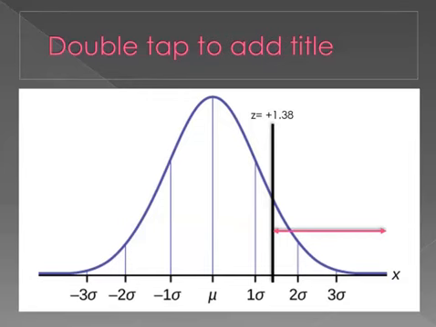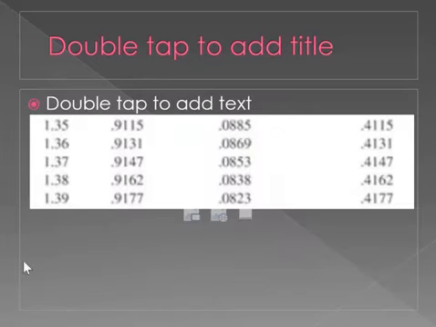Okay. What if we wanted to know the proportion of scores that fall at or above a z-score of plus 1.38? Do you think that we'd look in the body? Do you think that we'd look in the tail? Or do you think that we'd look in the mean to z column? Well, here's some proportions right here. Here's our z-score. So the first thing we want to do is locate our z-score of 1.38. Then we have to determine whether we're looking in B, C, or D: body, tail, or mean to z.